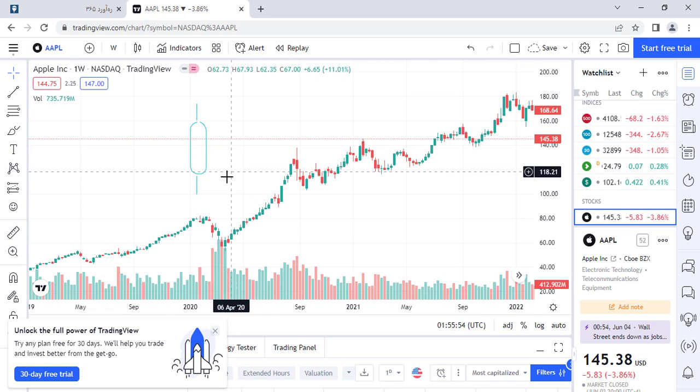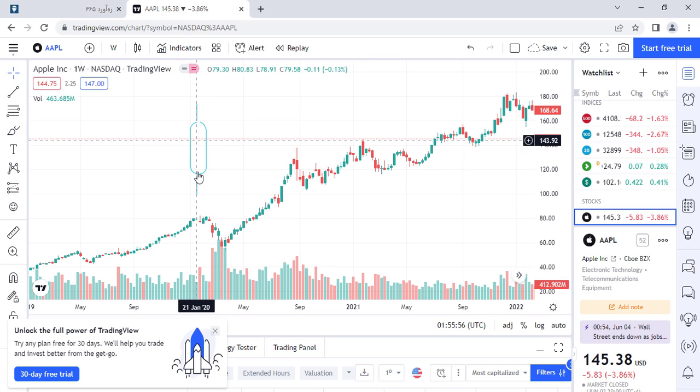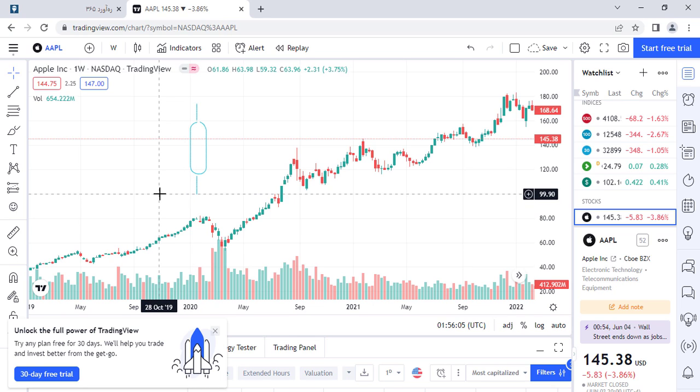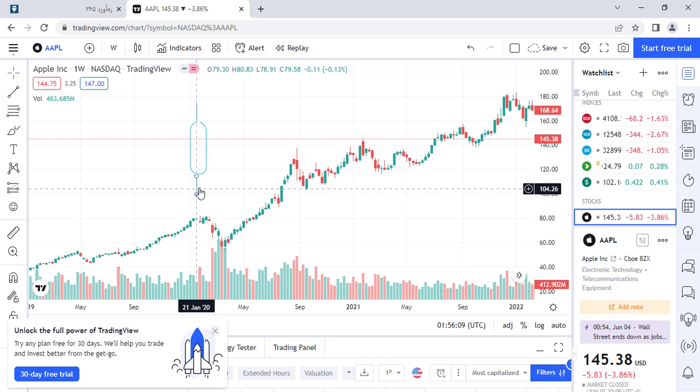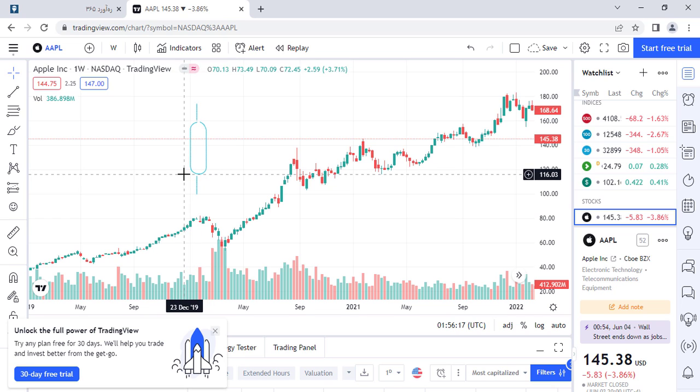This part and this part are called shadows of the candle, and this period of time that we have, maybe it can be 1 week, 1 day, 1 hour, or 1 minute.